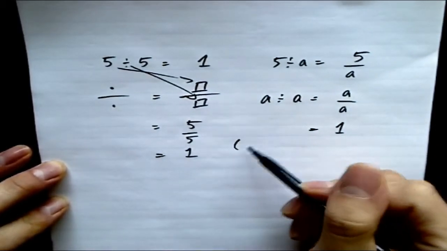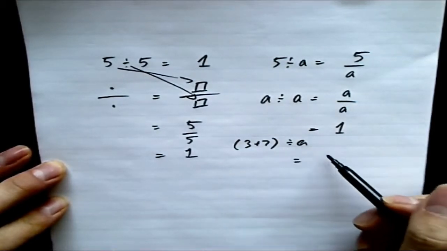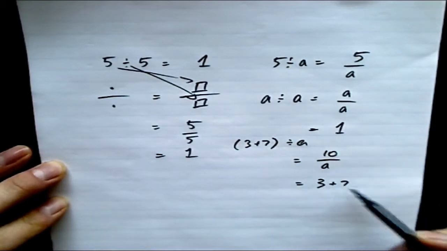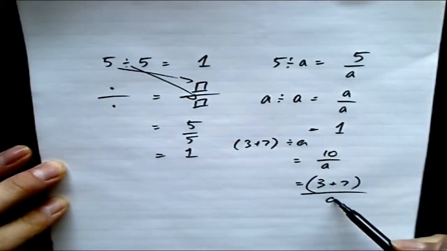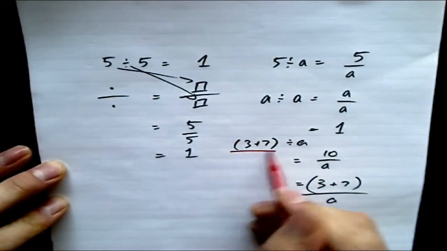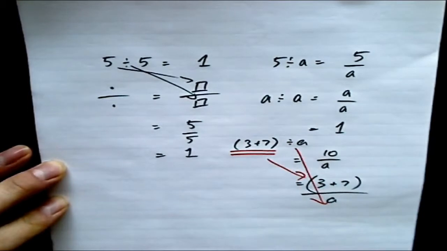I could say, let's add 3 and 7 first, and then divided by A. So that'd be 10 divided by A. But we may decide to write it like this as well. Simply because the top will always be the first expression. So that's pretty much what goes into the top. And this one goes down to the bottom.